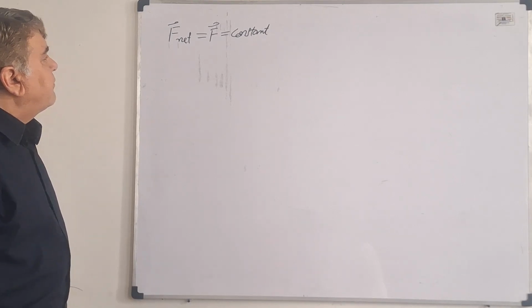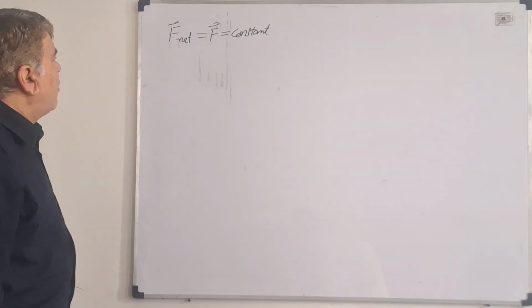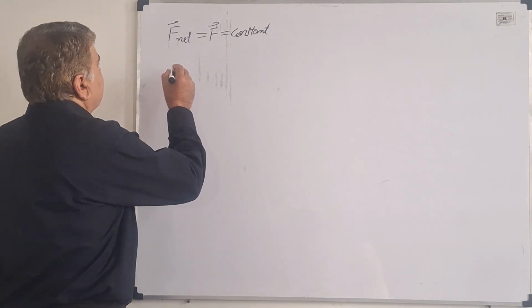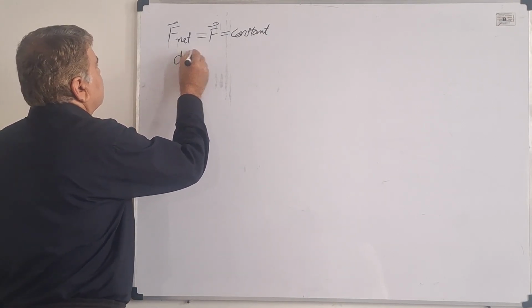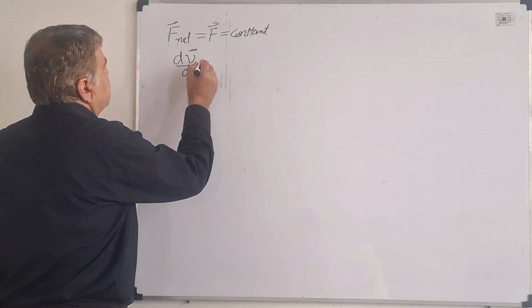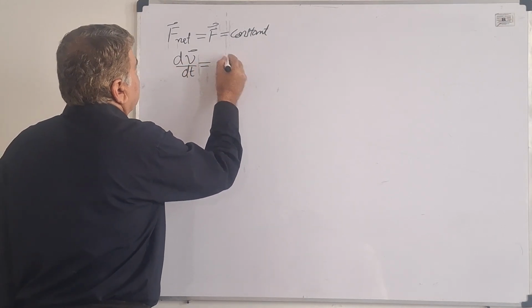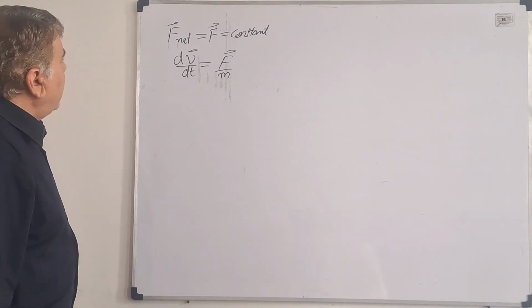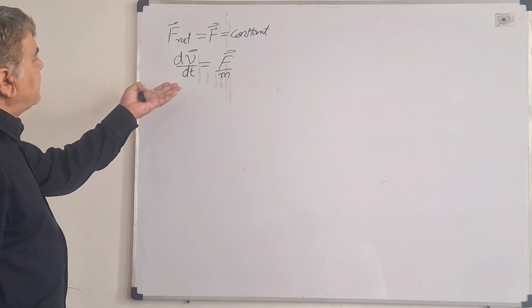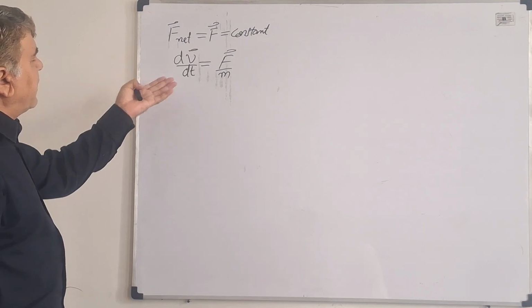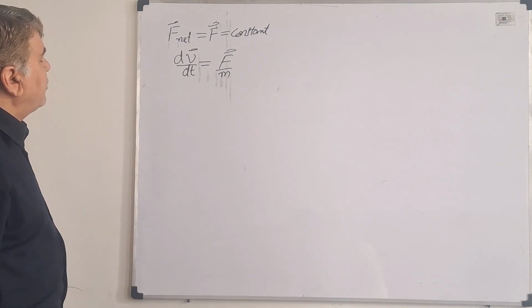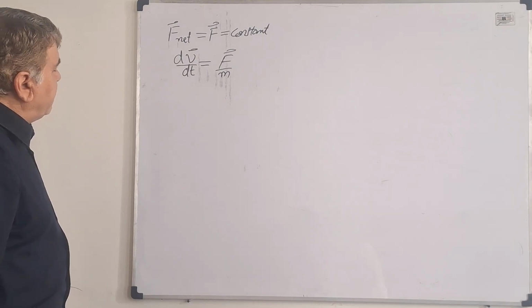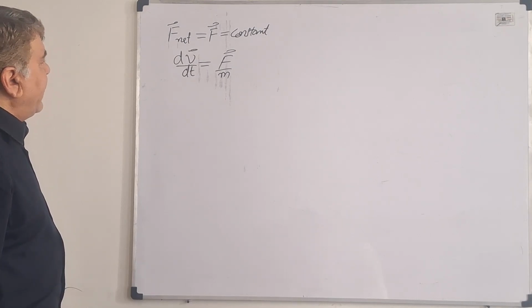With this condition, from one of the differential forms of Newton's second law, I can write dv over dt equals F divided by m. And I want to use this vector equation for one dimension and reduce it to just a scalar equation, preferably for the x-axis.